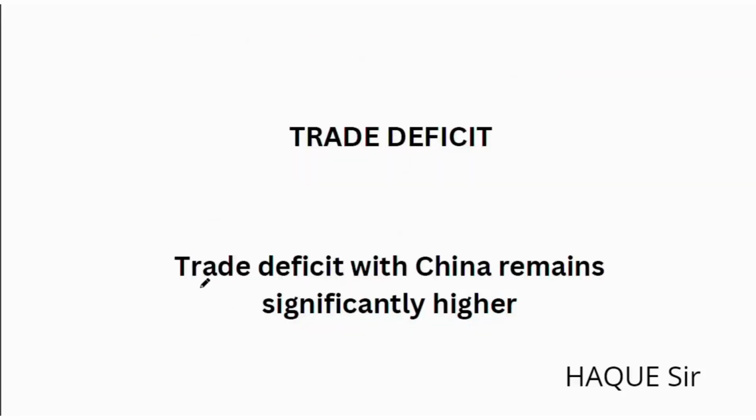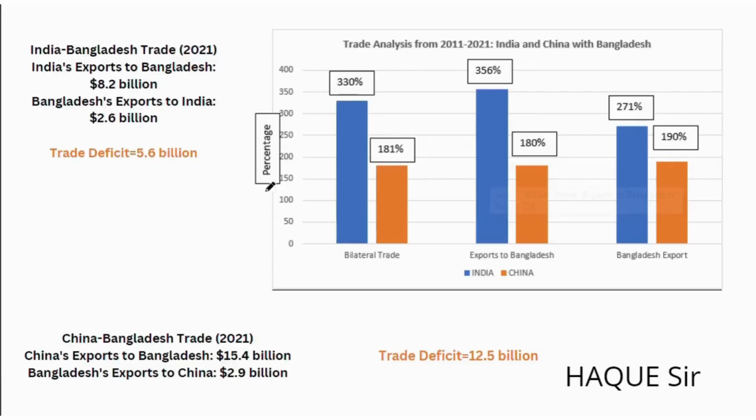The trade deficit with China remains significantly higher. We have seen this growth in percentage terms, but in numbers, the trade deficit between Bangladesh and India is $5.6 billion, while with China it's $12.5 billion. So it's more than double.